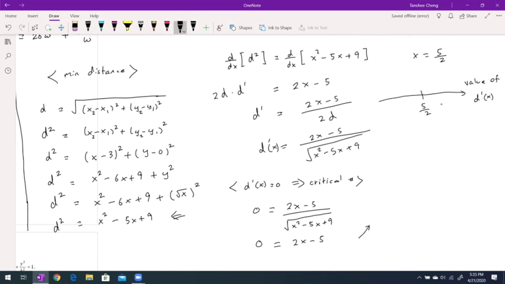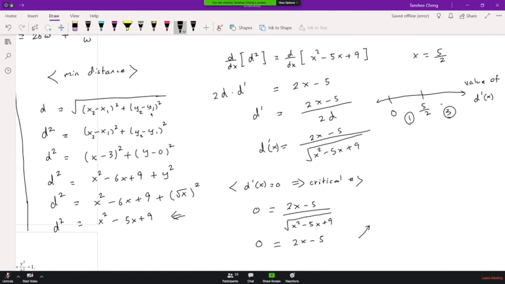The function is not from negative infinity to positive infinity, because the function is y equal to square root of x, so the negative numbers do not apply. So it has to start from 0. Make sure that you don't choose a negative value to test it. So I will test 1, and I will test 3.